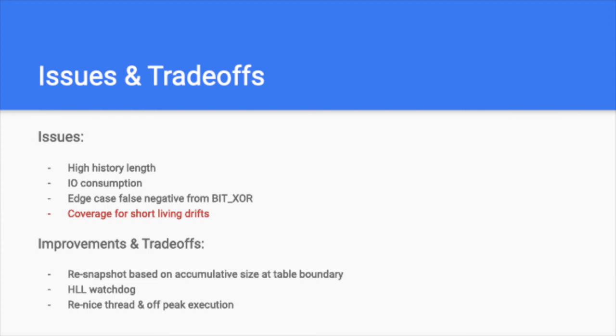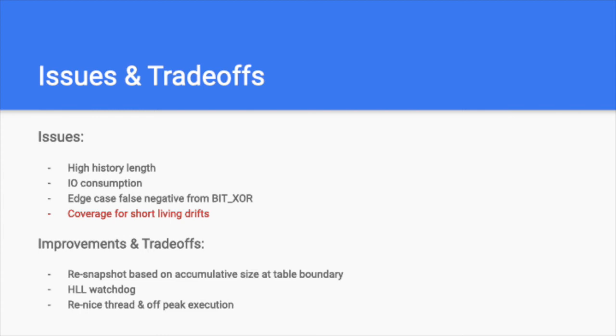For example, the snapshot boundary can be a list of tables, or a single table, or in the worst case, a range of the table, depending on how long the checksum will take against the selected chunk of data. Initially, we used a re-snapshot with a certain cumulative size at table boundary.